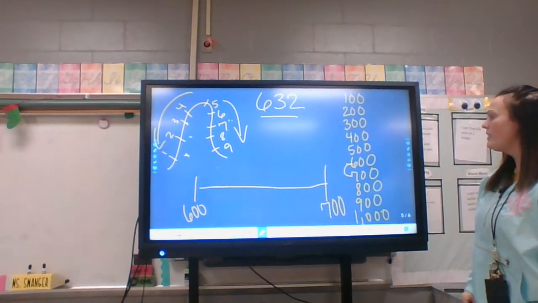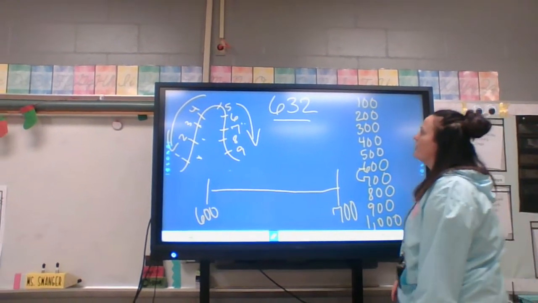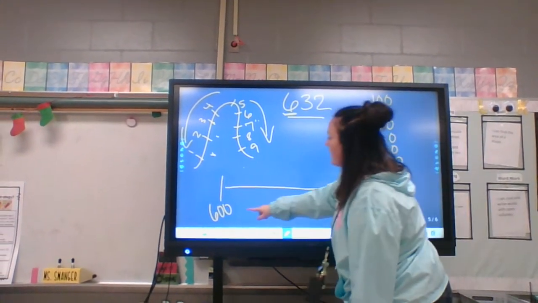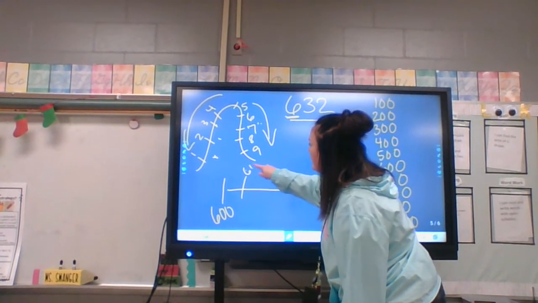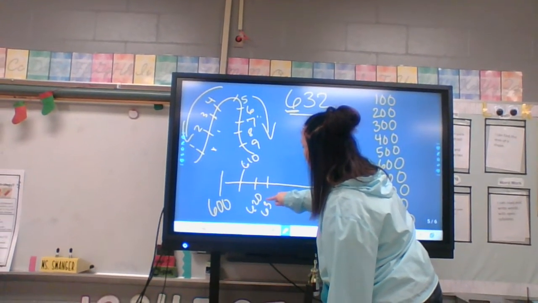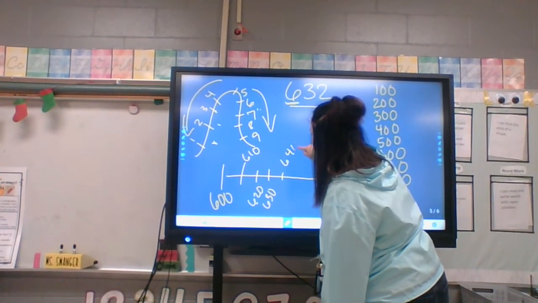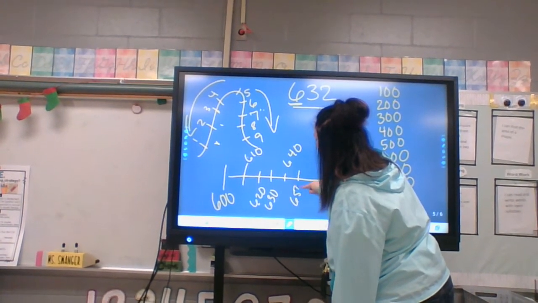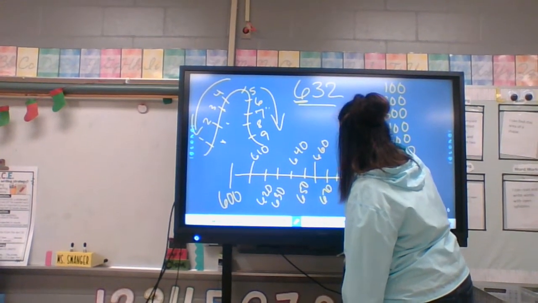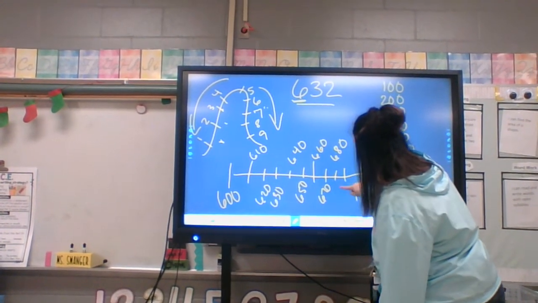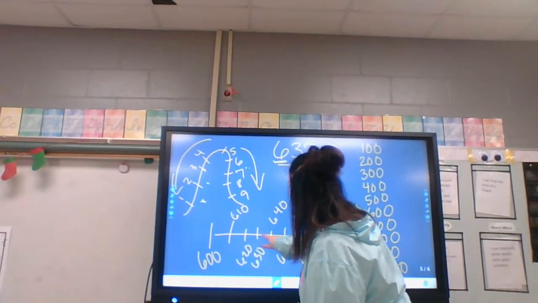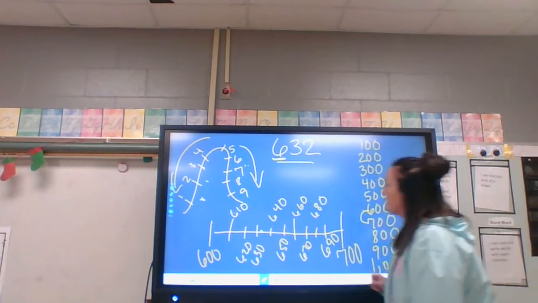Right? So if I look at 632, if I count by tens, that's 600, 610, 620, 630, 640, 650, 660, 670, 680, and 690. 632 is going to fall about here in between 630 and 640.